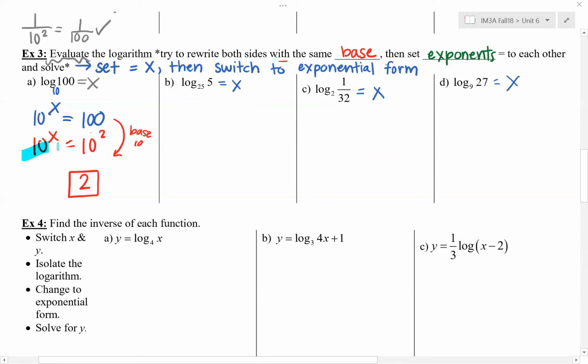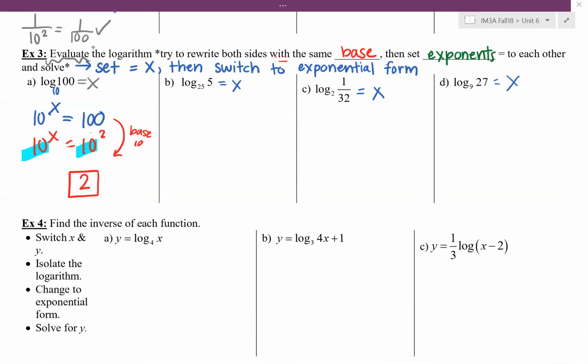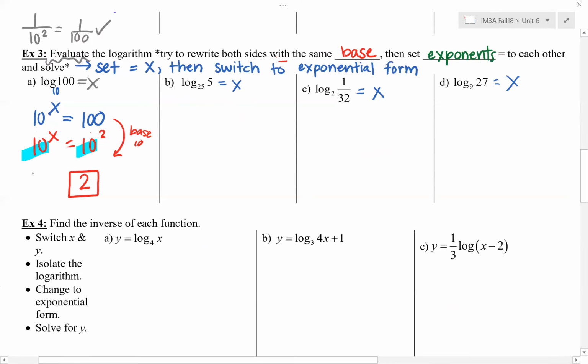So my exponents are x and 2. So I have this expression, x equals 2, if I ignore my bases. And that's essentially a strategy to get the power. So if you can't do it in your head, you'd want to kind of try to rewrite it with that base. Okay. And so we didn't necessarily have to do that method for this one, but we will for these future ones because they're going to get a little bit more complicated.